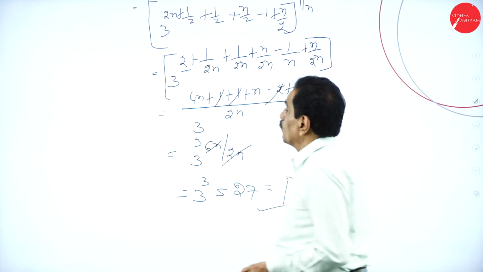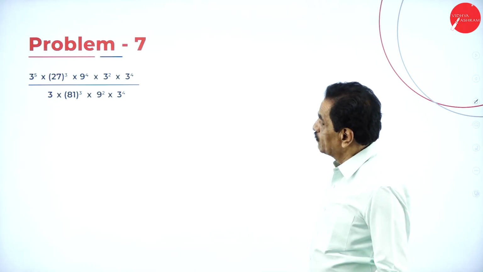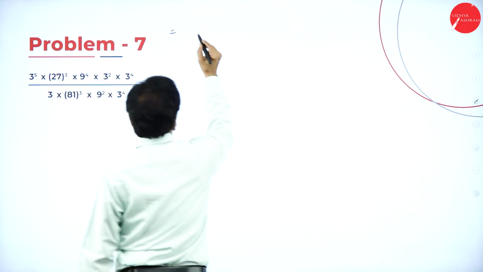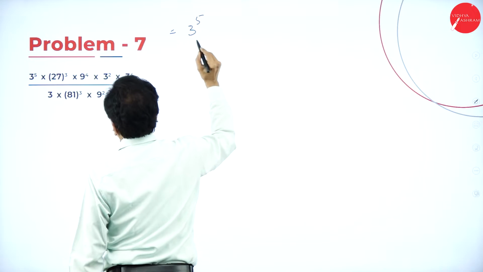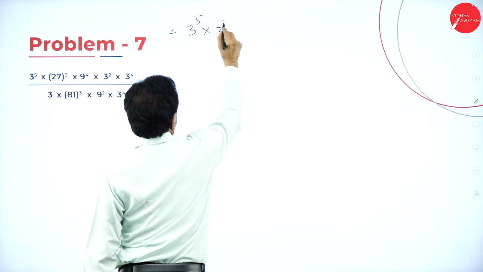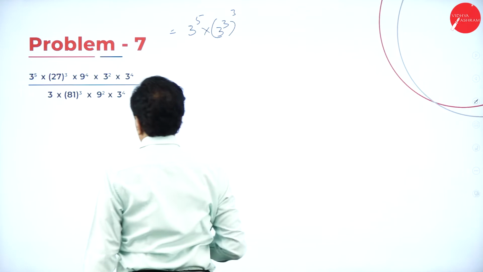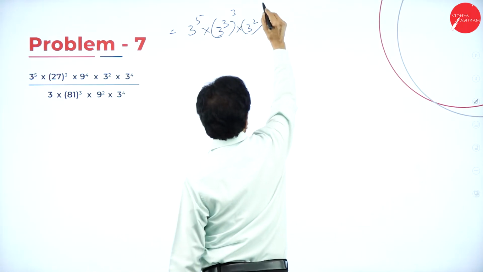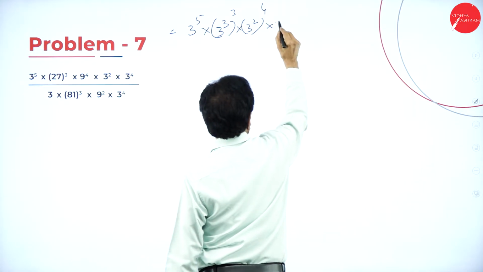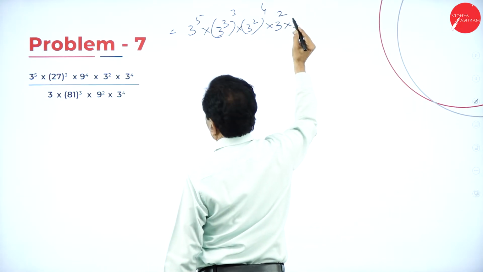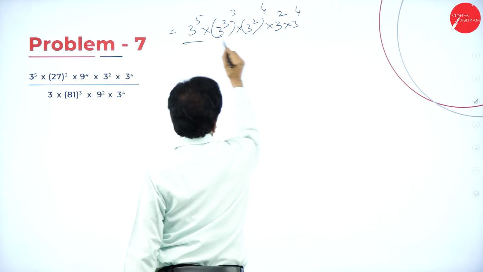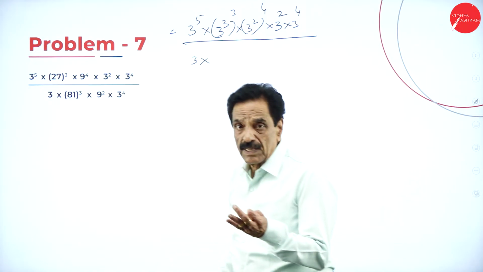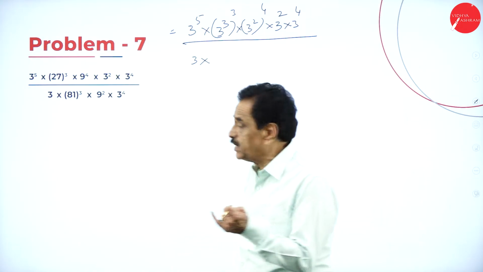We will move on to the next problem now slowly. The 7th one. This is 3 to the power of 5, into 3 cube to the power of 3, 3 square to the power of 4, 3 to the power of 2, 3 to the power of 4, whole divided by 3. 3 3s are 9, 9 3s are 27, 27 3s are 81.